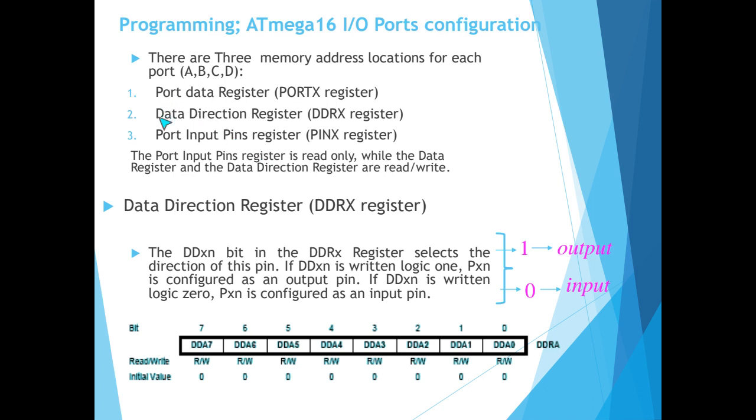The other register is the data direction register, which is coded as DDRX. Again, X is related to the port A, B, C, D that we are talking about. And the port input pins register, which is coded as PINX.